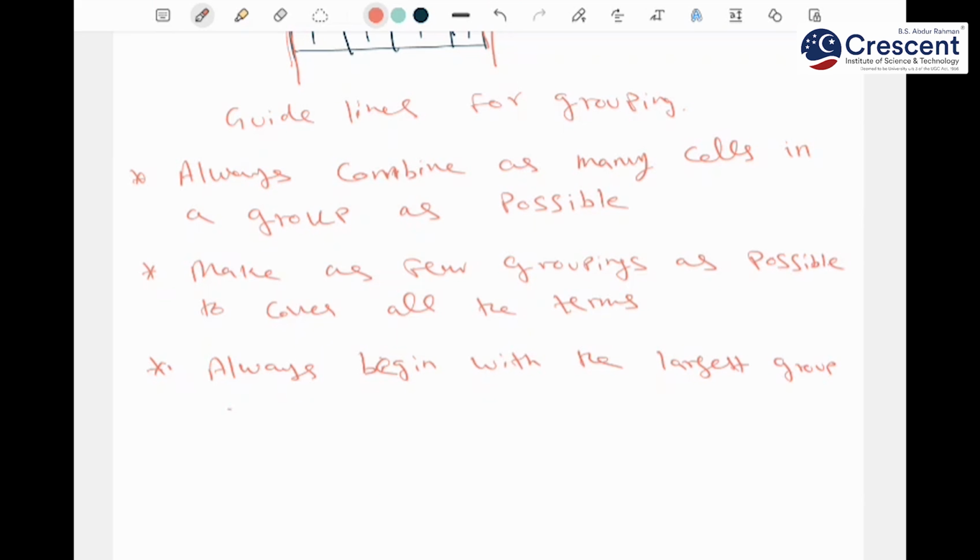Let us take an example. If you can group 8 cells together, it should be given preference.